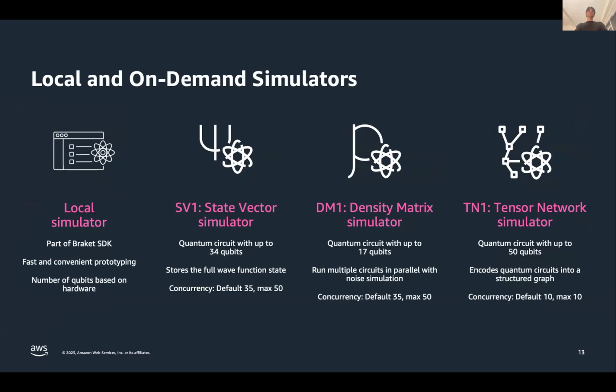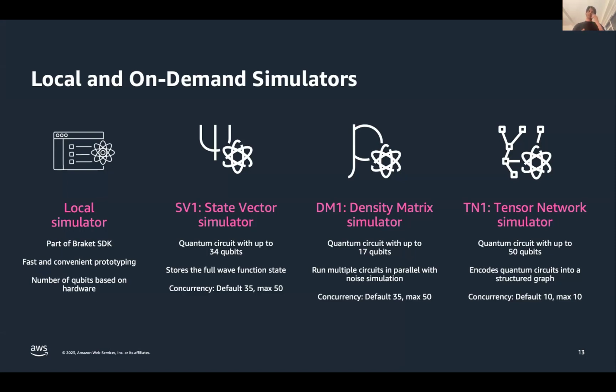It's a fast and convenient way of prototyping your algorithms because it uses your local infrastructure to simulate any quantum circuit, and for that, you don't need access to the AWS cloud. However, since the capacity is limited by your local laptop, you may be able to go up to 15 to 20 qubits in terms of simulation.